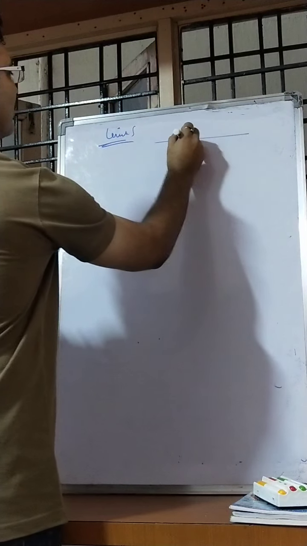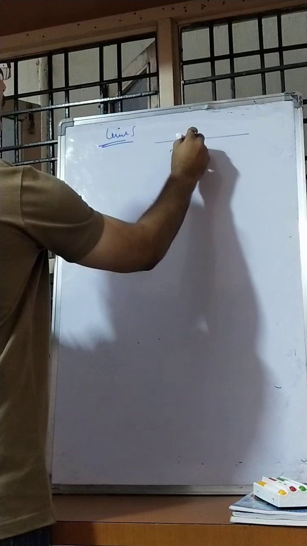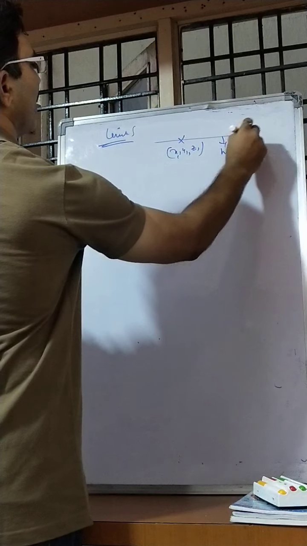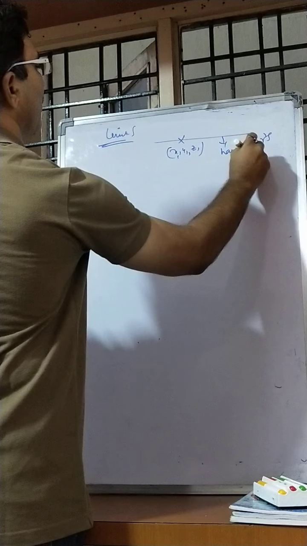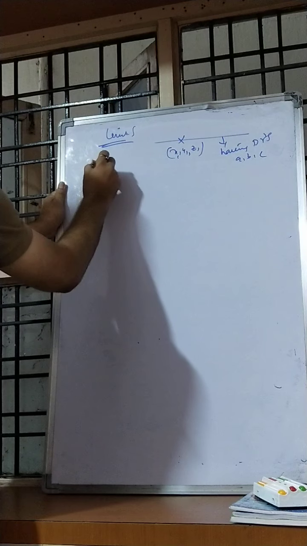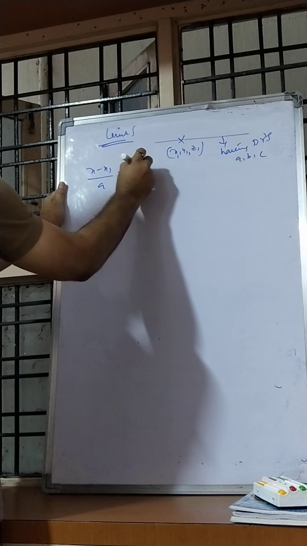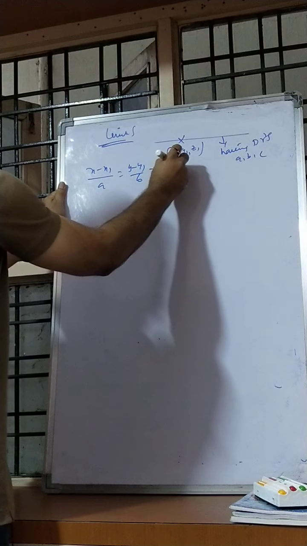Suppose the equation of the line passing through x1, y1, z1 having DRs a, b, c is given, we have the formula: x minus x1 by a, y minus y1 by b, z minus z1 by c.